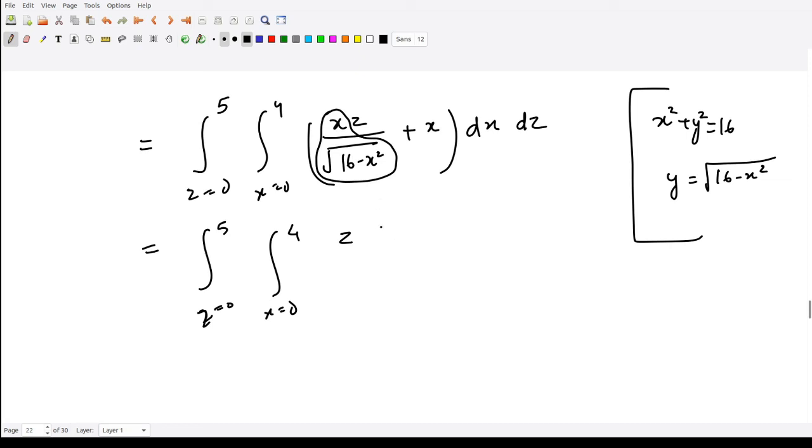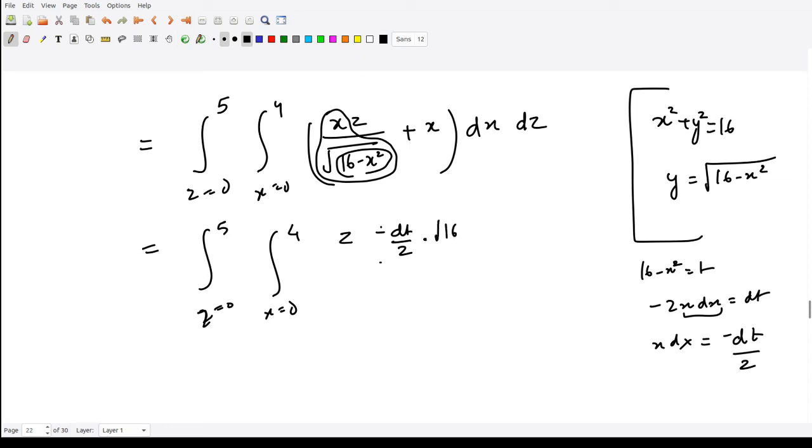When you substitute 16 minus x square is equal to t, you will have minus 2x dx is equal to dt. So that means the quantity x dx becomes equal to minus dt upon 2. So you have minus dt by 2 and you have into square root of t.